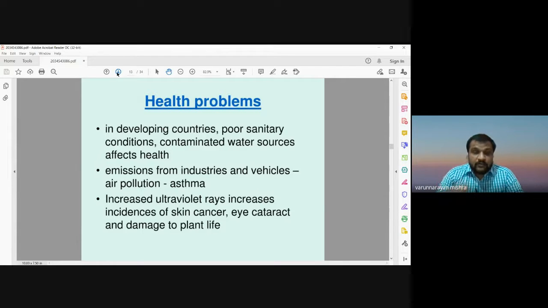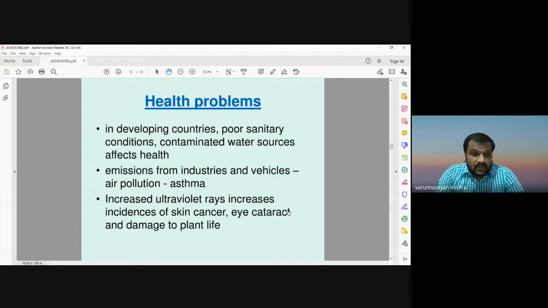Health problems may also be there. The human population may face some health problems in developing countries, like poor sanitary conditions and contaminated water resources, which affect human health because of poor quality water and poor quality air.